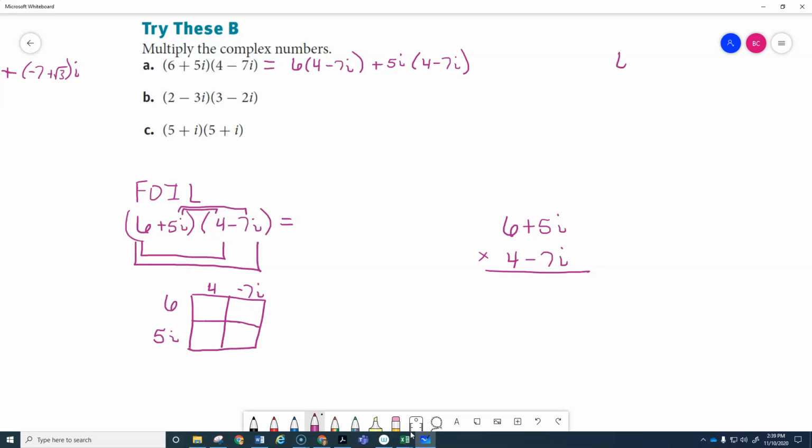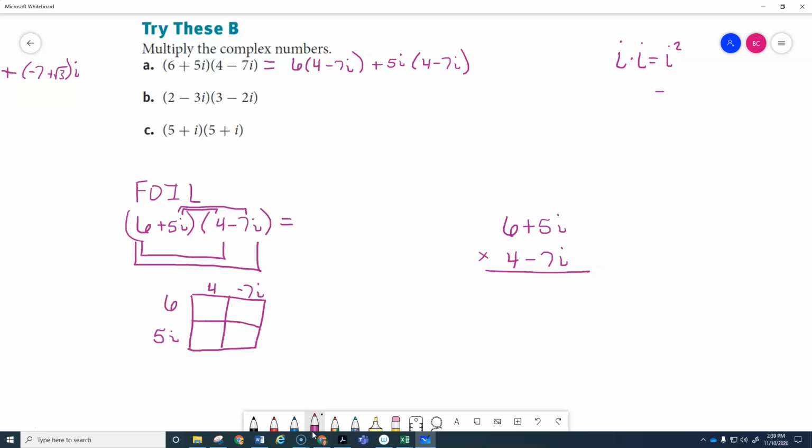What happens when we multiply i times i? You get i squared. That's absolutely correct. But you have to remember that i is a value. It's not a variable. So what we're really doing is multiplying the square root of negative 1 times the square root of negative 1. It may make more sense to do it like this. When you multiply i times i, you get i squared, right?